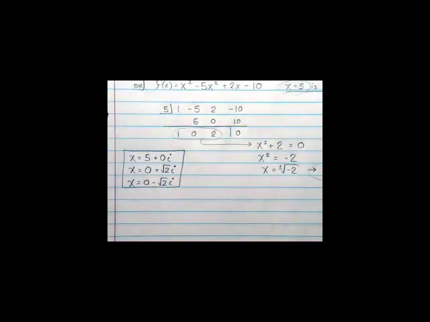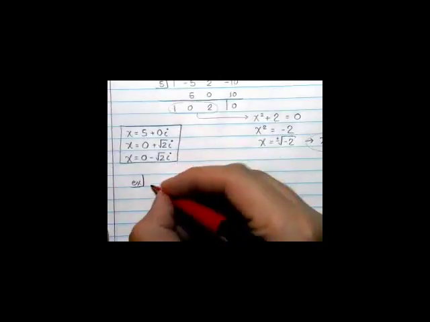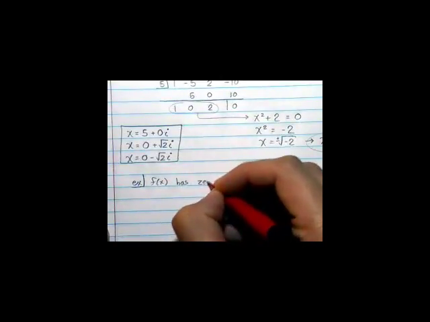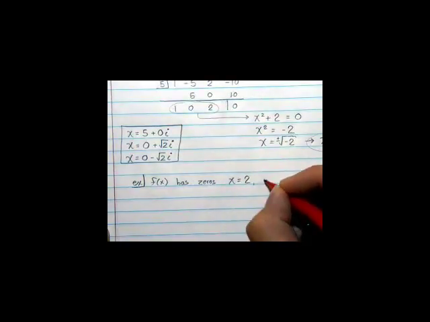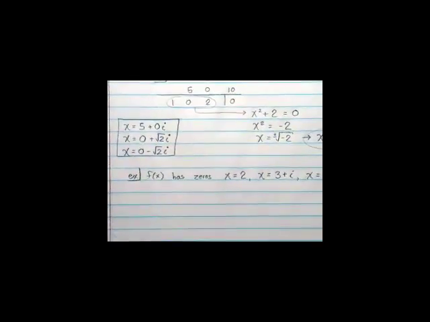that are complex numbers, can we build a function from that? So let's say f of x has zeros x equals 2, and then let's do 3 plus i and 3 minus i.